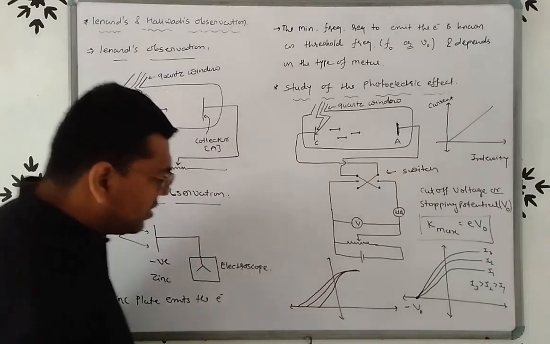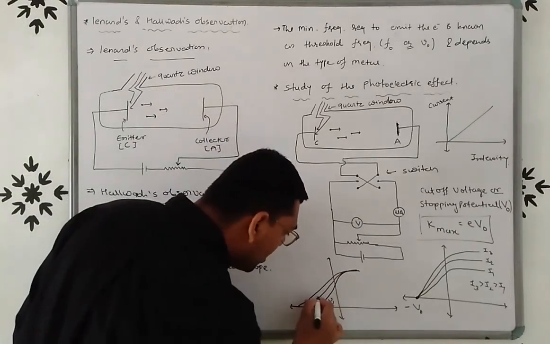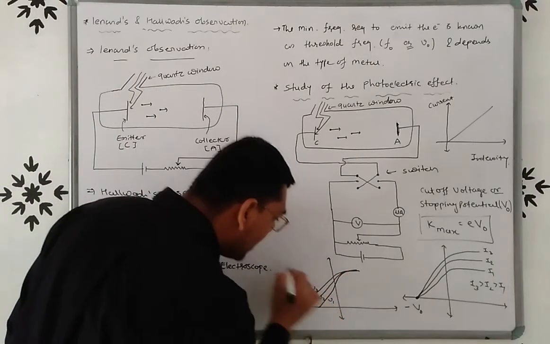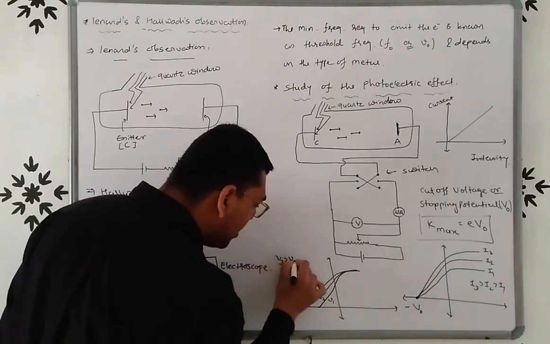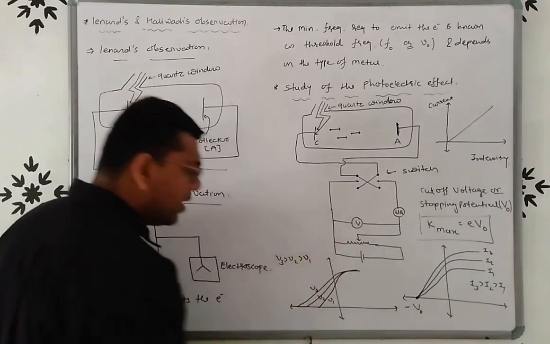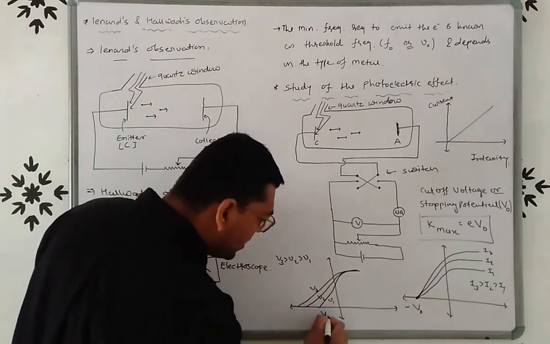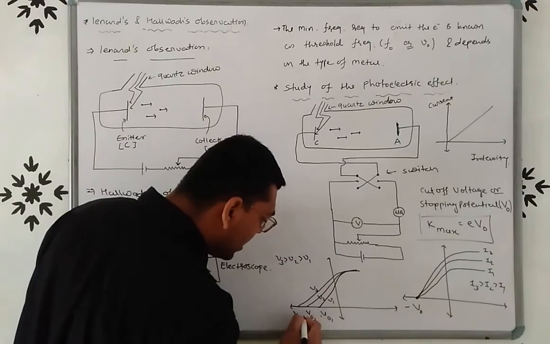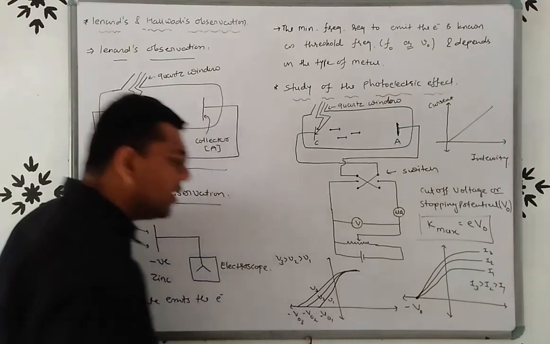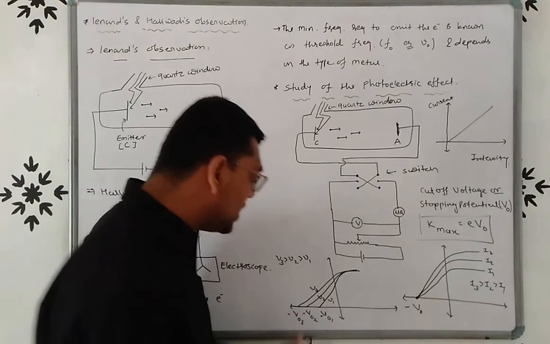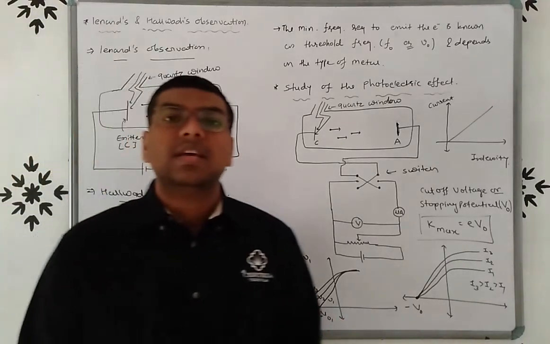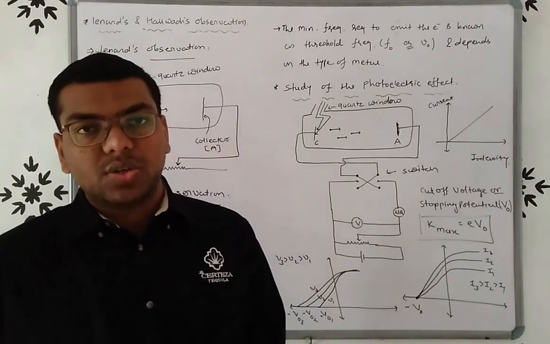Here nu3 is greater than nu2, which is greater than nu1. So these are V01, V02, V03, negative. If we change the frequency, then the stopping potential also changes.